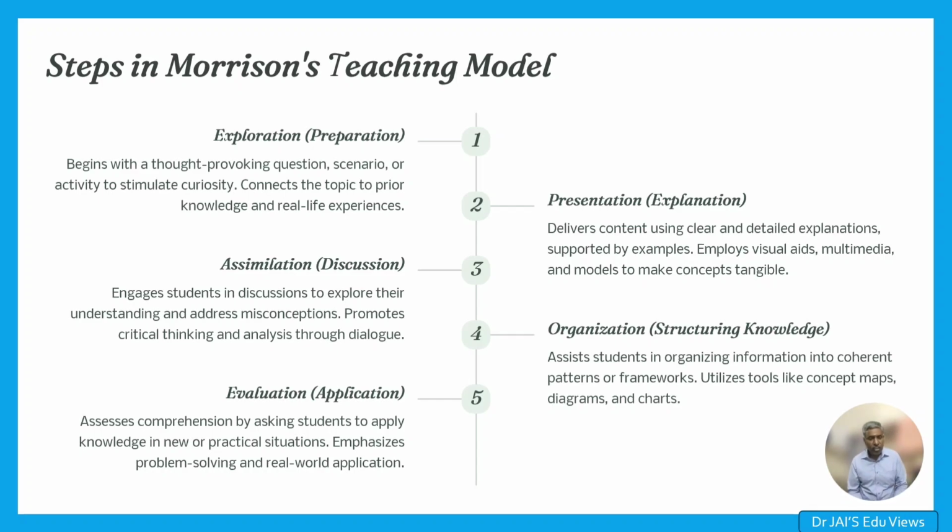If we ask questions like these, then their curiosity may increase, their questioning ability may increase, their learning interest may be created. So we have to relate our topic with real life experiences, then automatically the learning will be strengthened. So this is the first step of implementation of a Morrison teaching model.